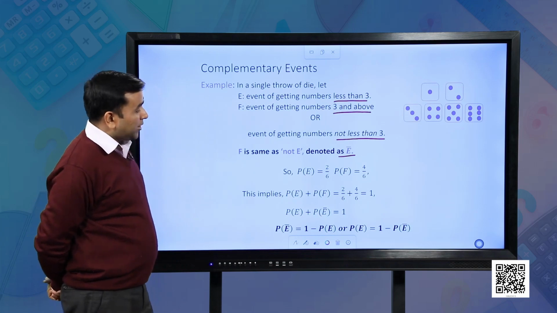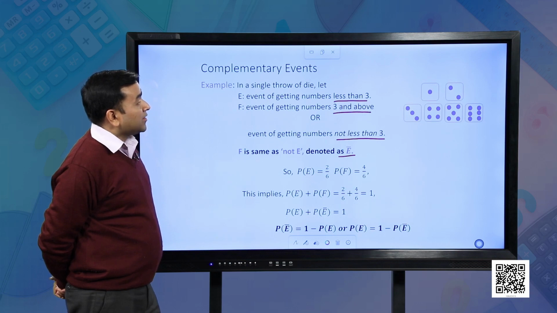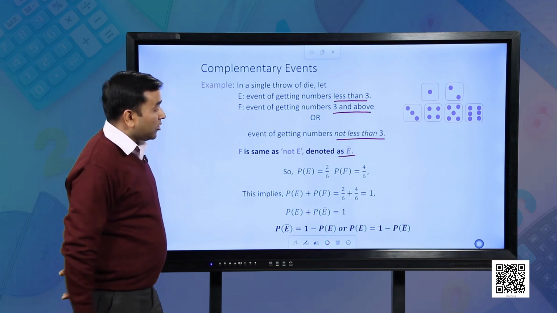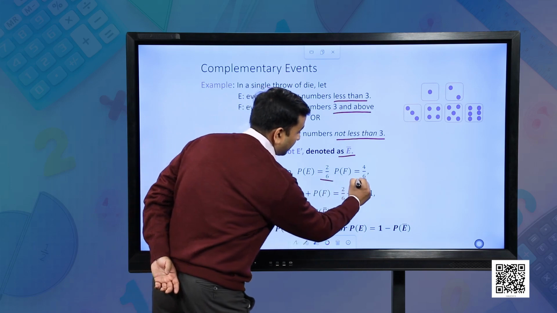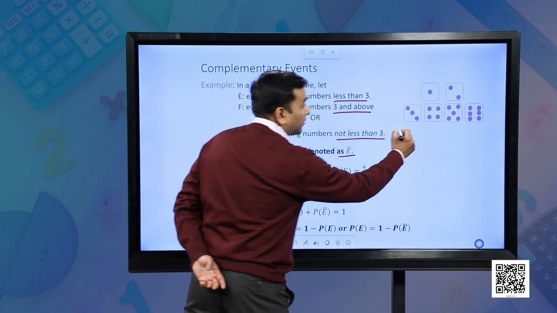So, the probability of E is 2 by 6 as the numbers are less than 3, and the probability of F is 4 by 6 since we have numbers 3 and above.